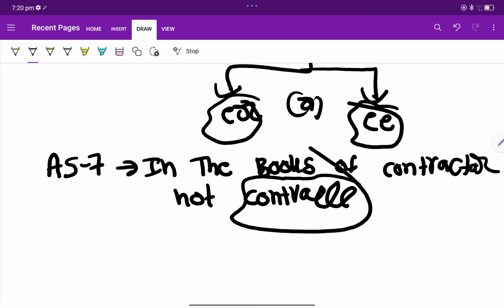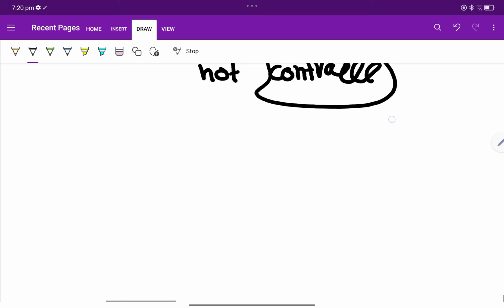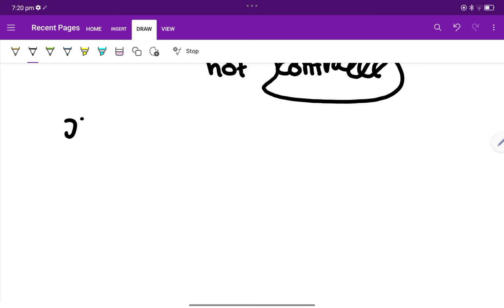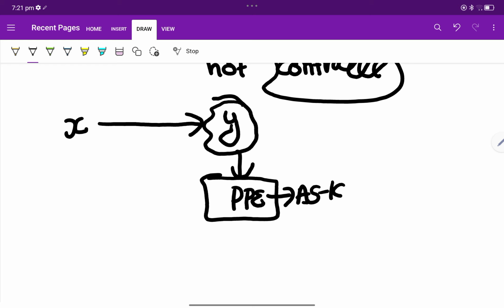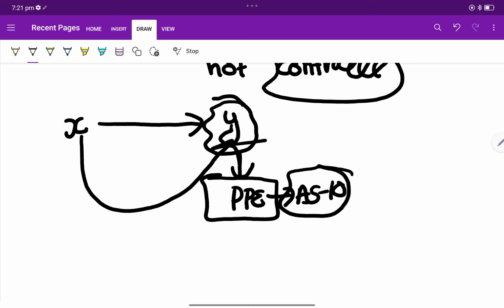Then which AS is applicable for the contractee, sir? For suppose X is constructing a house property for Y, then the PPE standard, AS-10, will be applicable. For suppose X is constructing inventory for Y, then AS-2 will be applicable.